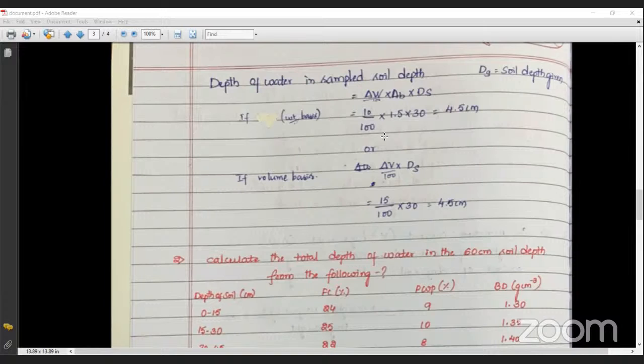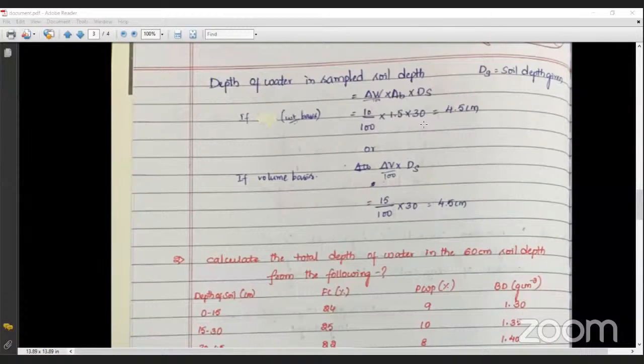Then what are the other expected questions in this type of problem? They may give only the weight basis and bulk density, and ask for 15 centimeter or 30 centimeter depth, but they may give it in meters.